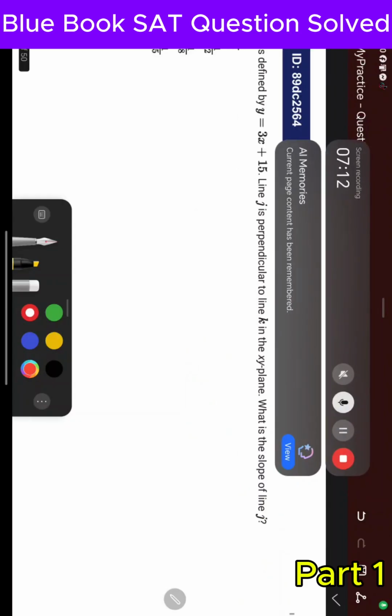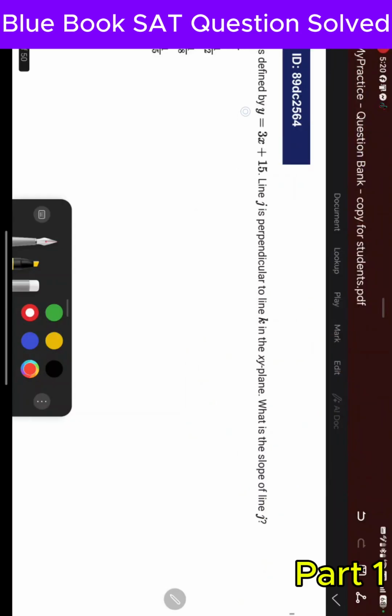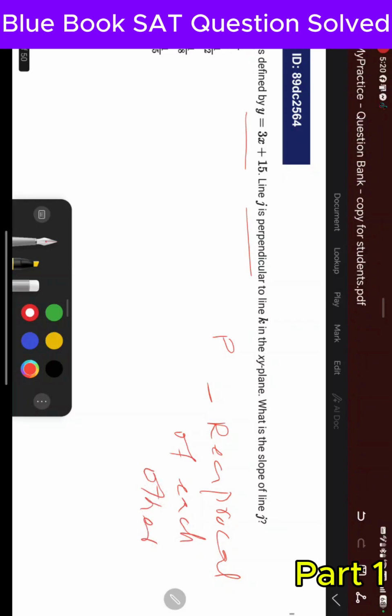Here it says line K is defined by y equals this, and J is perpendicular. Once the lines are perpendicular, it means their slopes are negative reciprocals of each other. So if the slope of the line is 3, the negative reciprocal will be minus 1 over 3.